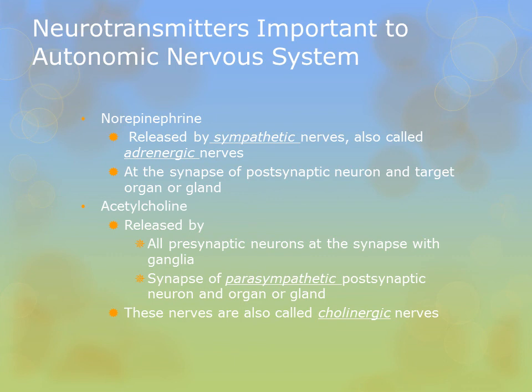And you can kind of remember that because we have acetylcholine and cholinergic. If you put that together, then you don't have to try to memorize norepinephrine sympathetic, because we know that if acetylcholine is cholinergic, that only leaves norepinephrine for sympathetic.